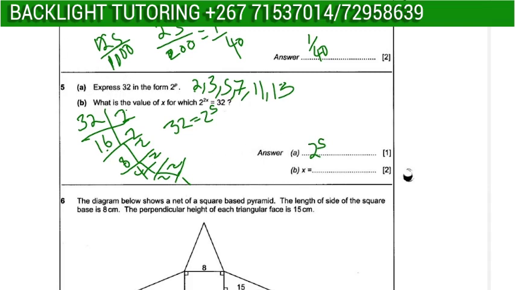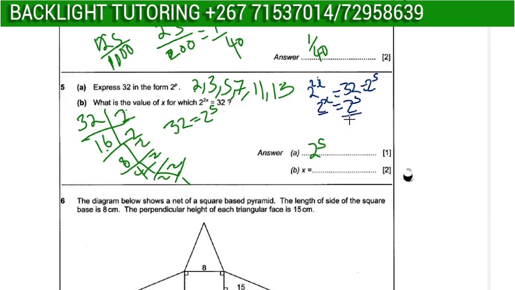B says what is the value of x, where 2 to the power x equals 32. So remember, 32 is the same as 2 to the power 5. 2 to the power x equals 2 to the power 5.